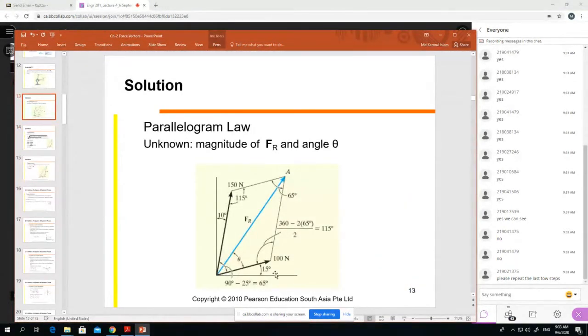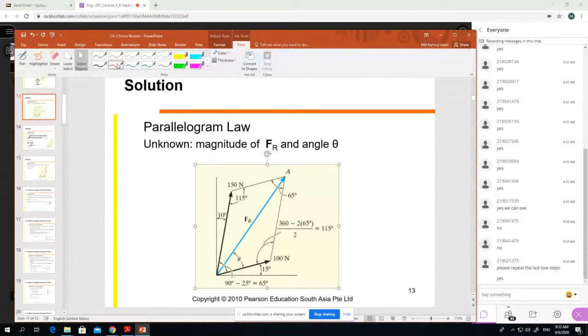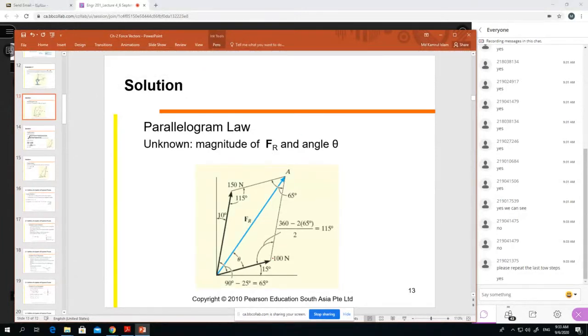So we draw a parallel line. I'm repeating for some students. We draw a line parallel to this force, 150, so this is 150 degrees, and one line parallel to this one. So it becomes a parallelogram.